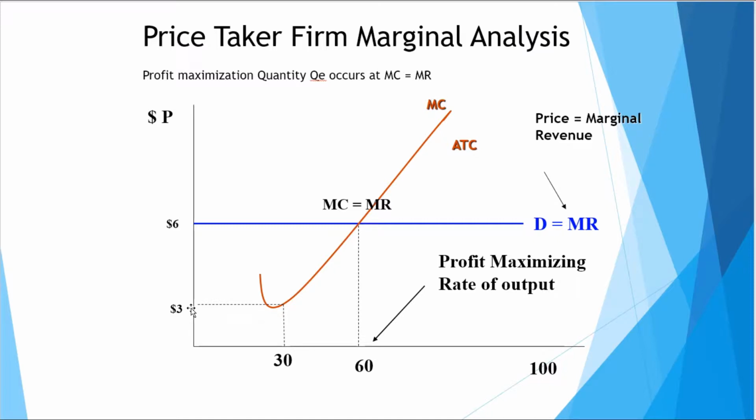Now, what about the marginal revenue? Marginal revenue is how much revenue that additional unit is going to generate. In this case, at quantity equals 30, my marginal revenue, if you go all the way up, is $6. Which is why, in this case, the demand line or the price line is also the marginal revenue curve.